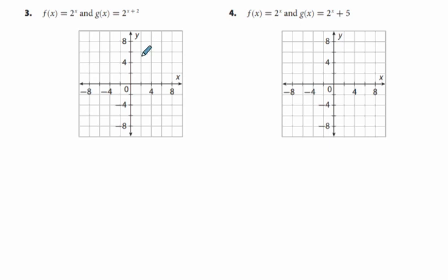Next, we have f of x equals 2 to the power x and g of x equals 2 times 2 to the x plus 2. I'm going to do something similar to what we did last time. I'm going to put x, f of x, and right next to it g of x.